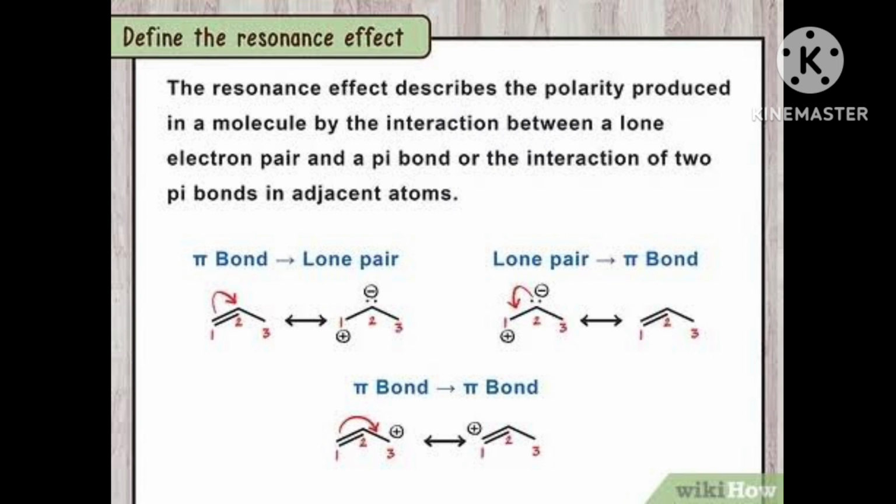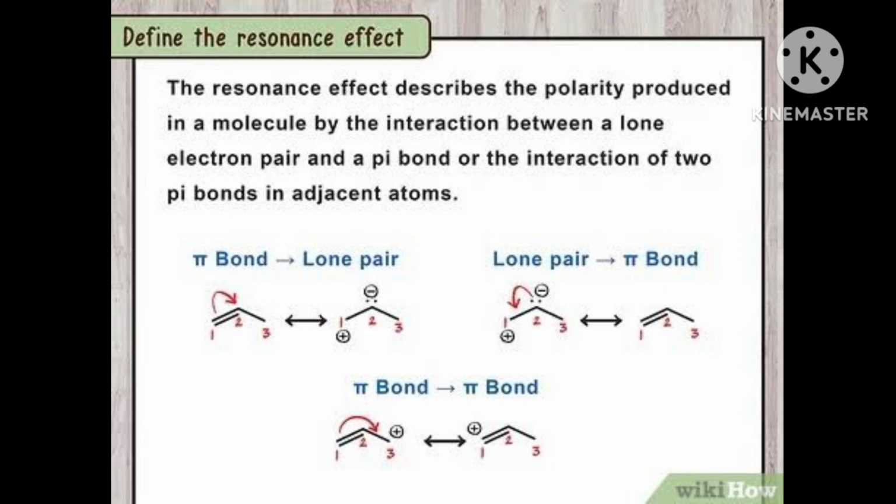In this effect, the transfer of electron is away from an atom or subsequent group attached to the conjugated system. This electron displacement makes certain positions in the molecule of high electron density.